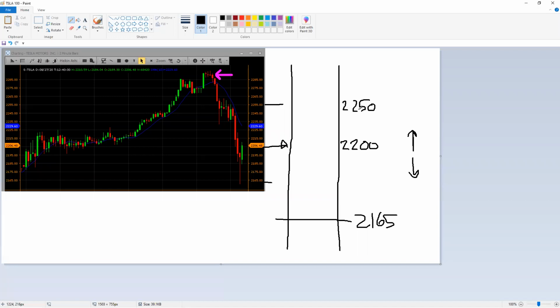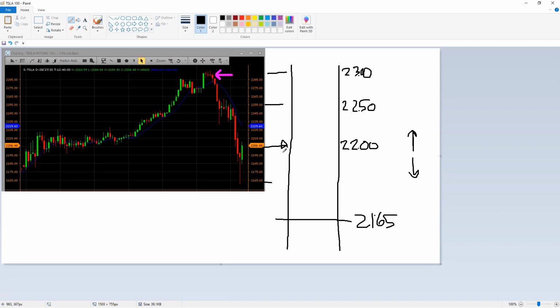It doesn't matter if it's a $22 stock, just put a decimal point in there, guys. Instead of 2200, it's 22. It's 2165. It's 2250. Right there is 2300. So from a day trader standpoint, it's a dream.